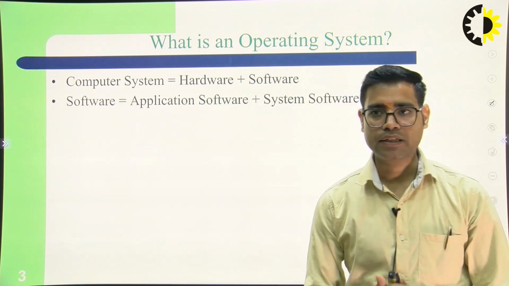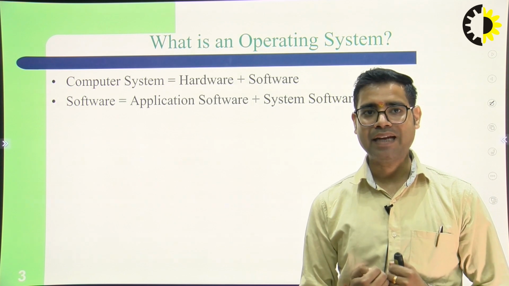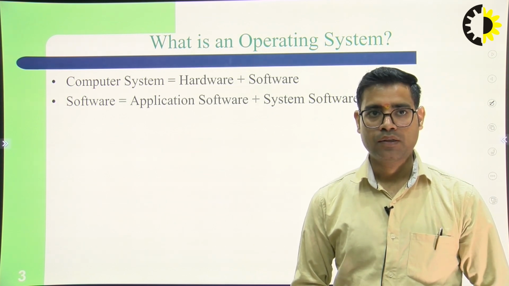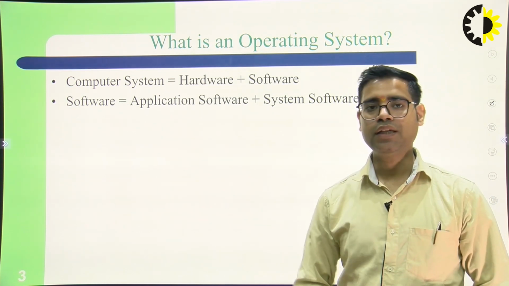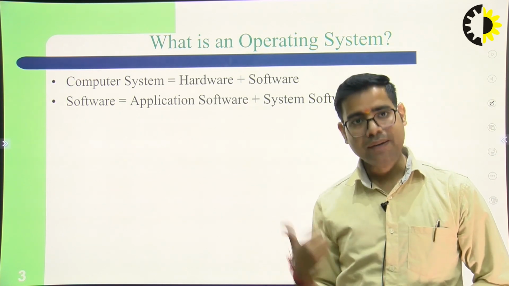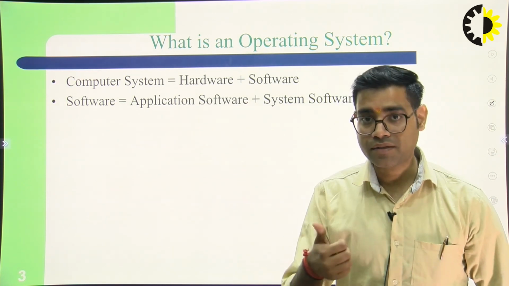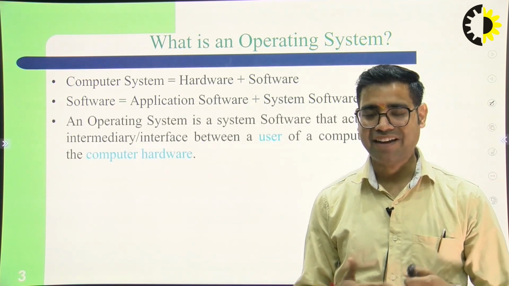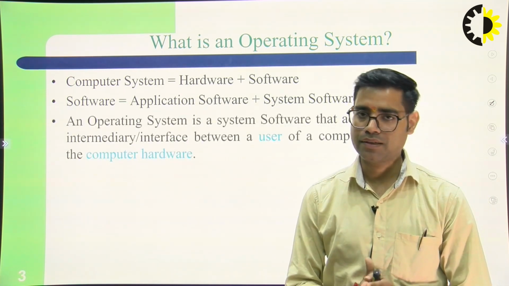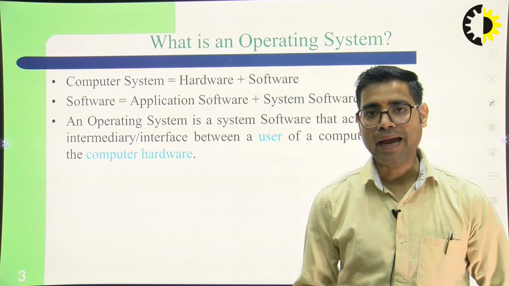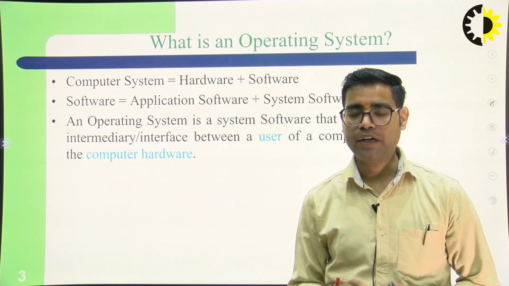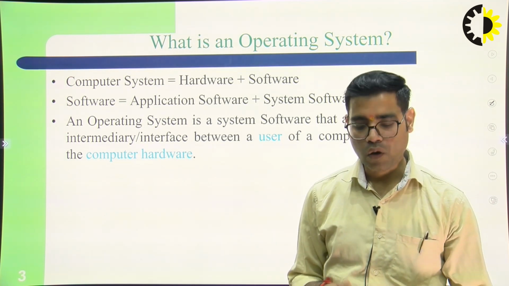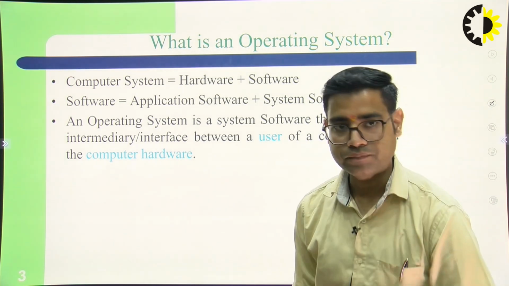Application software is through which we can interact, system software is what runs on the system. So operating system is a system software. If I am talking about the definition, operating system is a system software that acts as an interface between the hardware as well as the software.